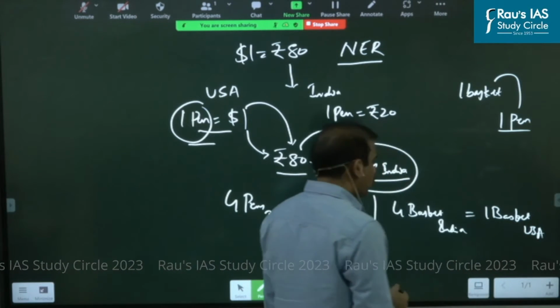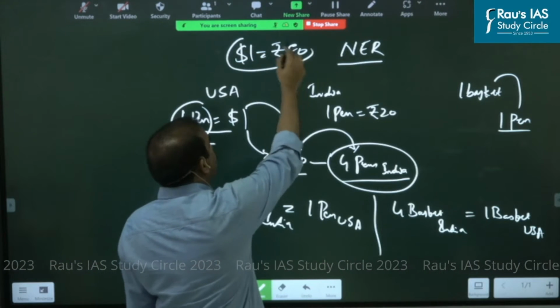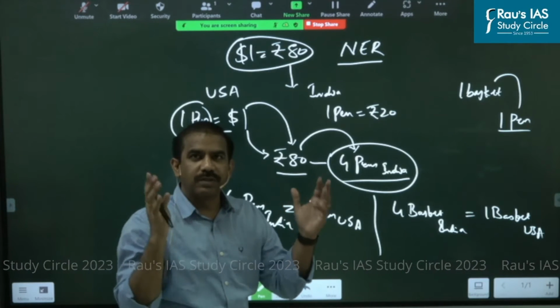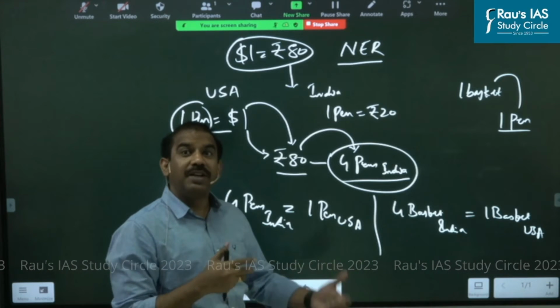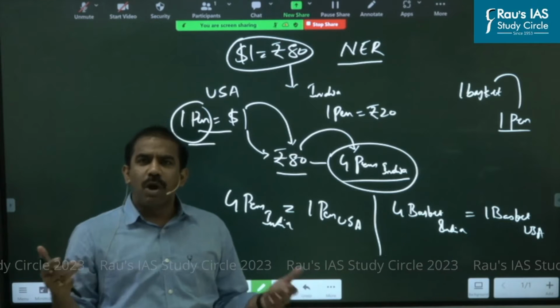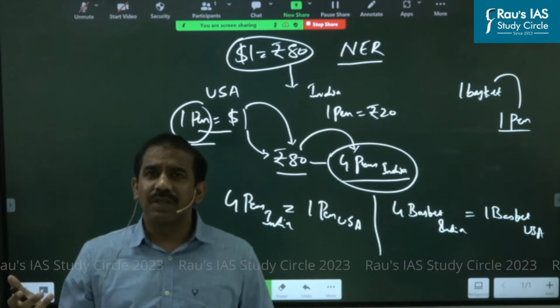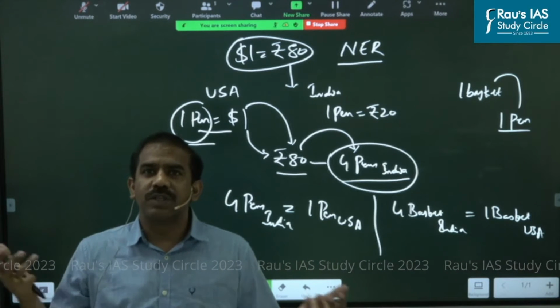Got it? So now you might have noticed, rather than expressing in monetary terms, I am expressing the exchange rate in terms of a basket of goods. That's it. And that's where real exchange rate comes into the picture. And that's what I mean to say, adjusting for inflation. So in simple terms, nominal is always expressed in terms of monetary units. Real is something you could simply take as expressed in terms of a basket of goods and services. That's it.